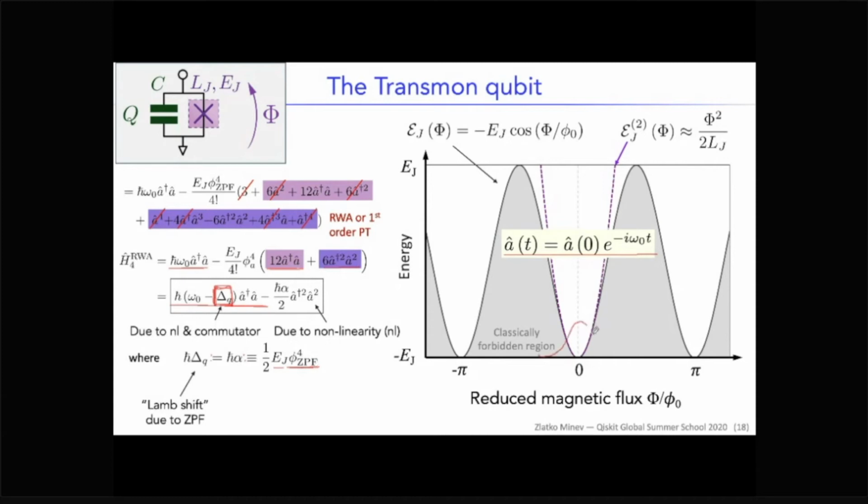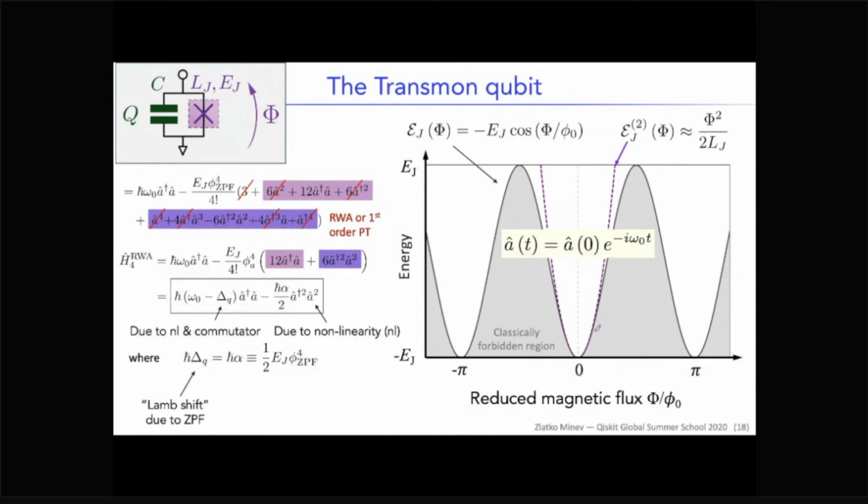So as the ground state is fluctuating, and sometimes climbs up to a higher energy, a higher potential, it explores the nonlinearity at a higher level. That, in effect, dresses the frequency of the qubit because the particle is experiencing a softer opening. This energy landscape opens up, the cosine opens up relative to the quadratic, and so it lowers the frequency.